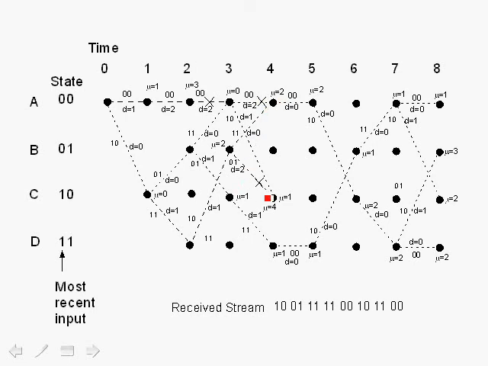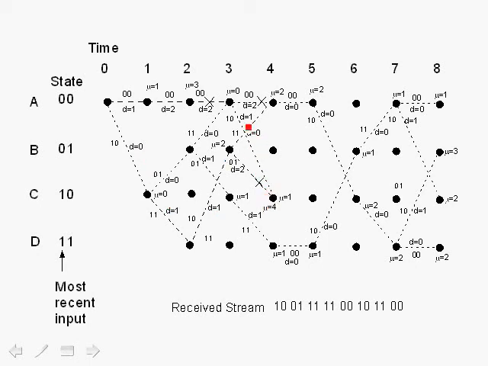Let's take a look at the situation of this node here. To reach this node, we have one path through here, and another path through here. Again, let's take a look at the accumulated branch metric so we can figure out which path is the surviving path. Going through this path, we have d equals 2, d equals 1, so we got 3, 4, so mu is equal to 4.